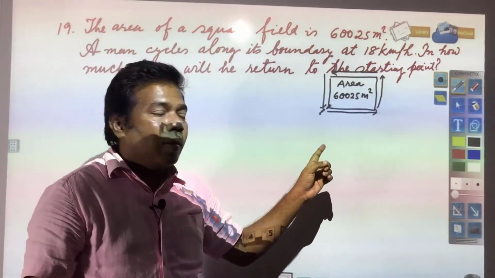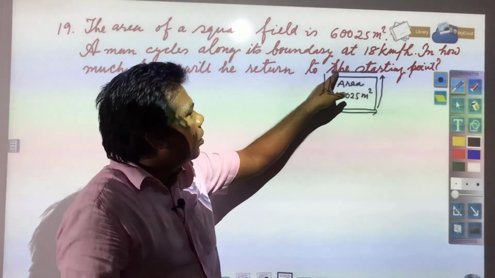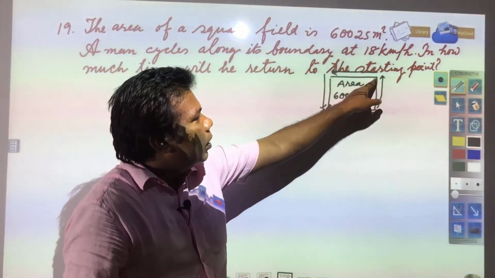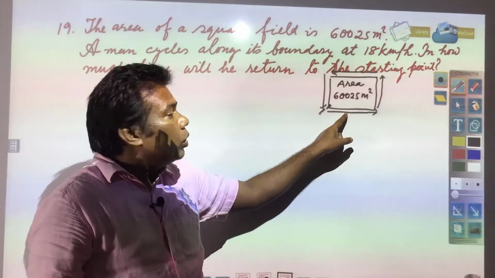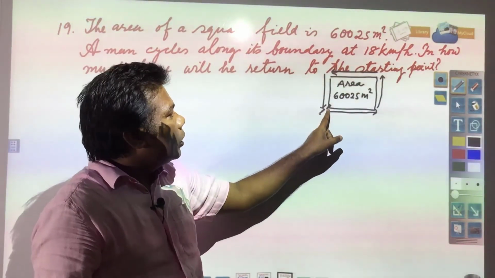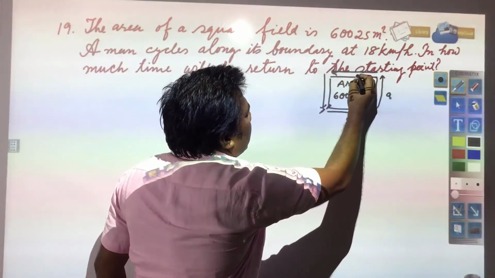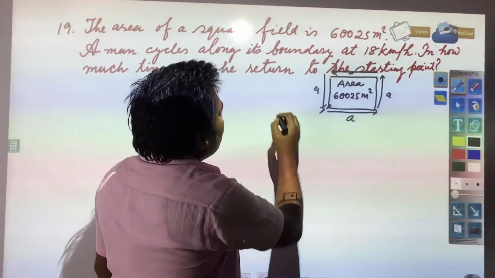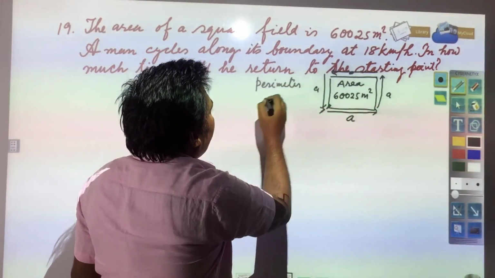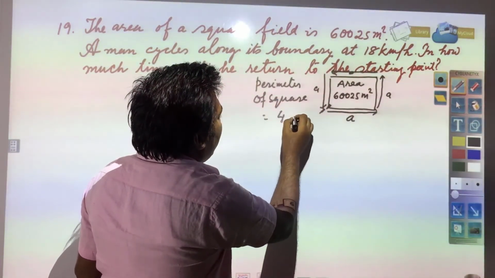It means what we need to find out. This distance he will cover. So, what distance he will cover? This is square and this is side. So, boundary will be what? Perimeter of this square. So, this length will be suppose A, this is A, this is A and this is A. So, perimeter of square is equal to 4A.